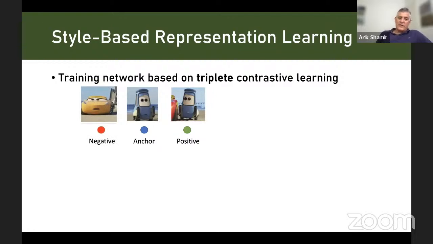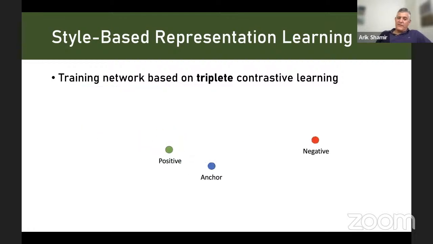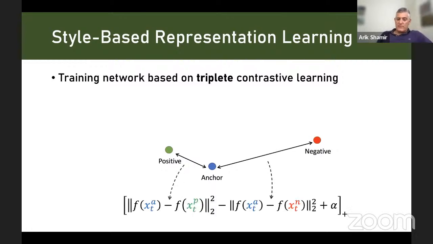And then what you do in the mapping is map these three different points in the representation space so that the positive one is closer than the negative one. What you use is basically the difference between the distances.